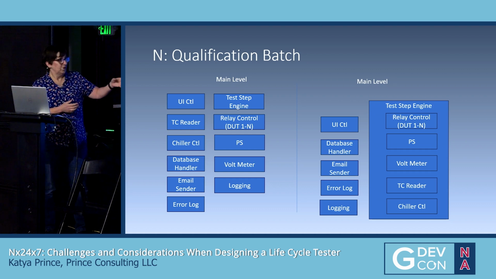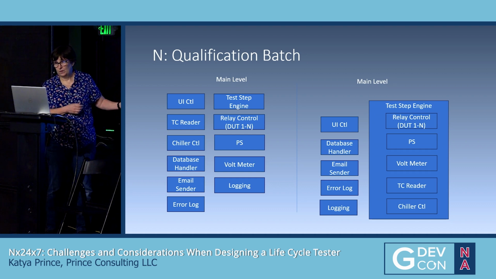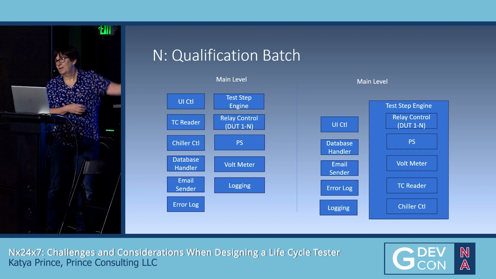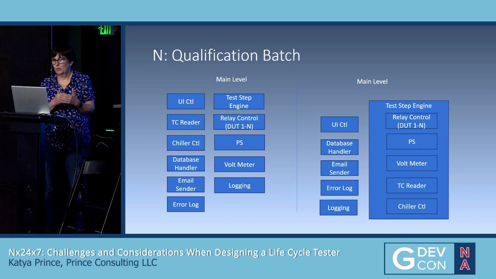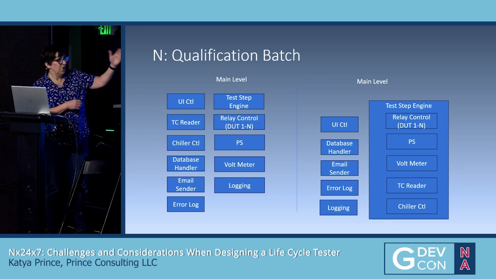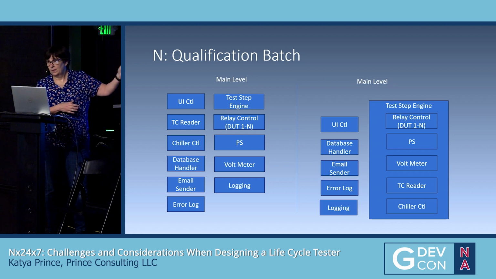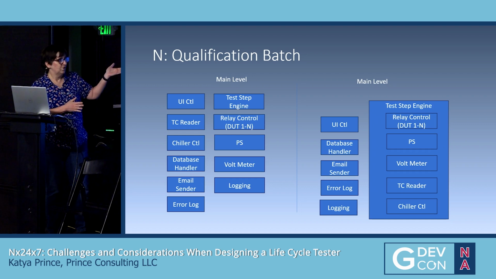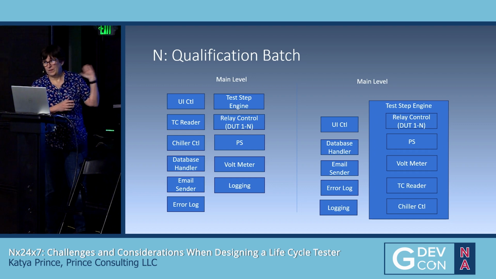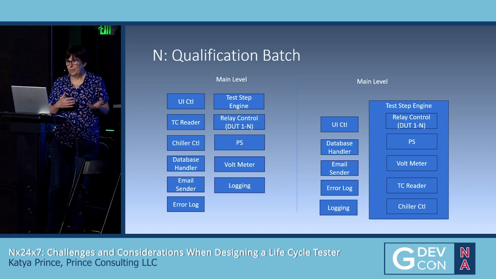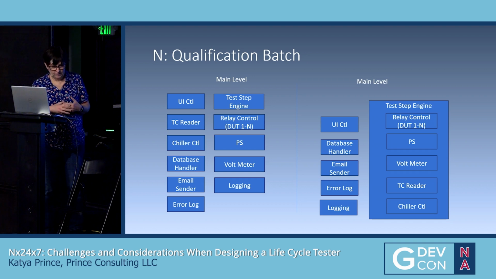Or you could have some of them running in parallel and then have what I'm calling the test step engine, which would just be what's controlling how the system works. And you may have something where they control everything as a driver instead of an engine. Either one of these is equally valid. It really just depends on what you're familiar with and what works best.